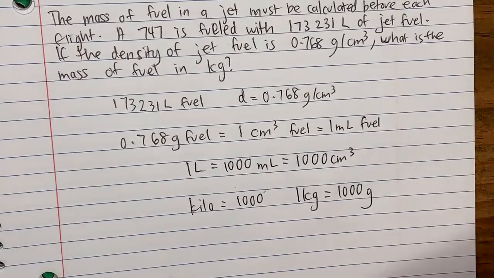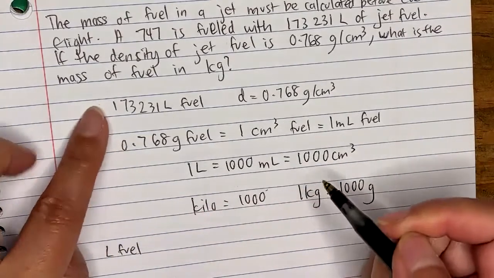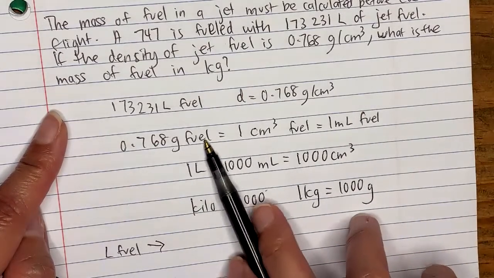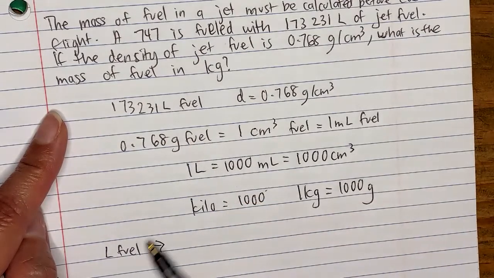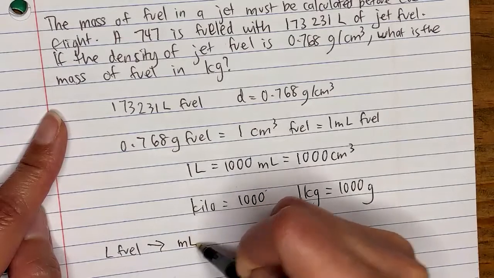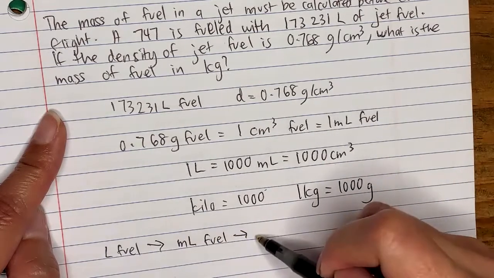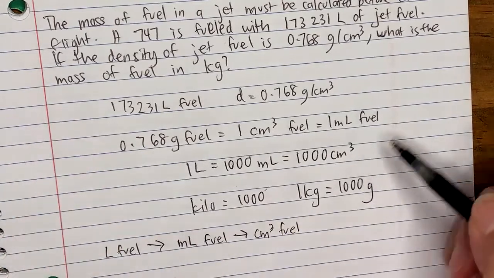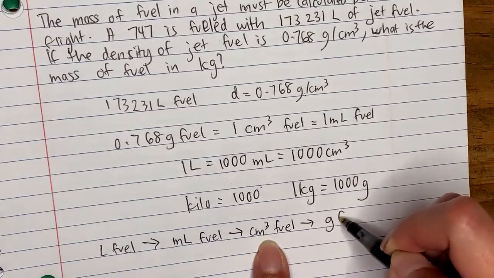Okay, let's go ahead and start. We want to start from liters of fuel. So I want to go from liters of fuel that we're given, and then I can probably use the density to get it to grams, but I can't get straight to grams because I have to go from liters to milliliters, and then I can say, well, I know that in centimeters cubed of fuel, from centimeters cubed I can use the density to turn it to grams of fuel.